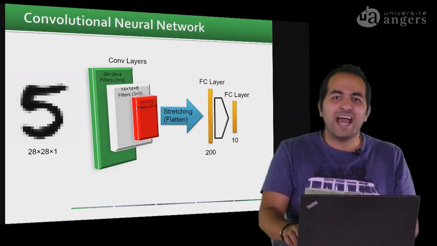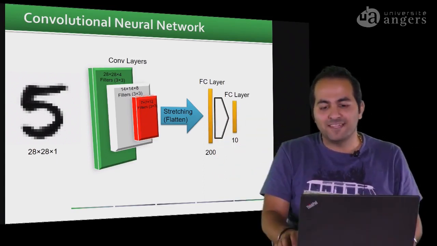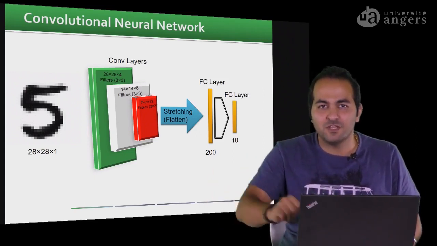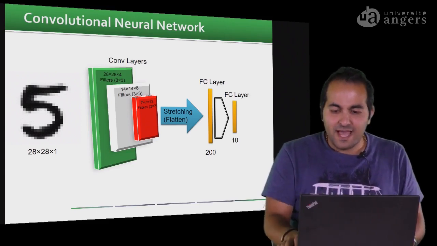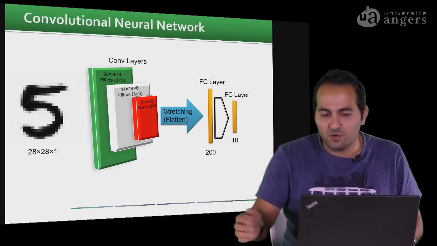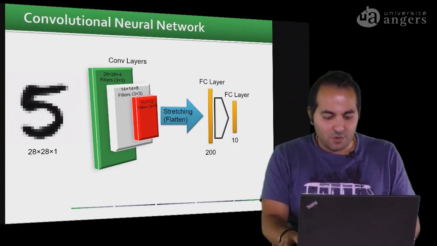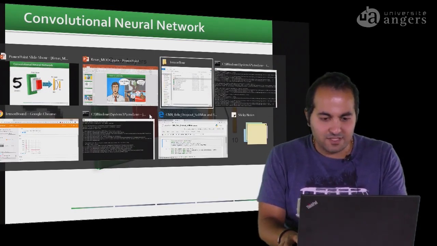At this point, we can stretch it or make it flat and feed it to the fully connected layers. By this, we go further and do the classification like our previous example. So let me show you how we can write the code for that.